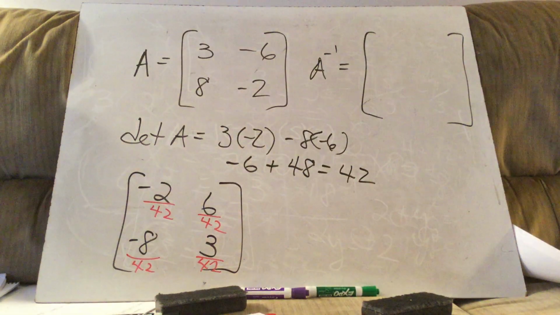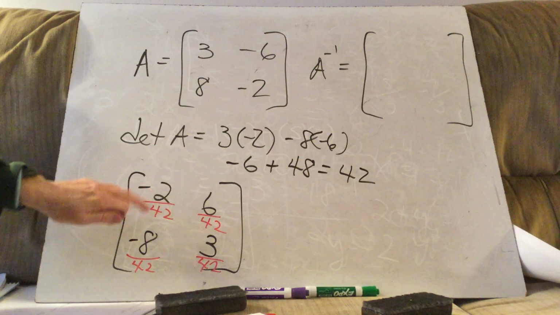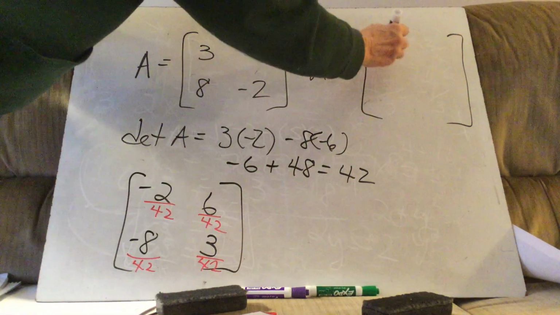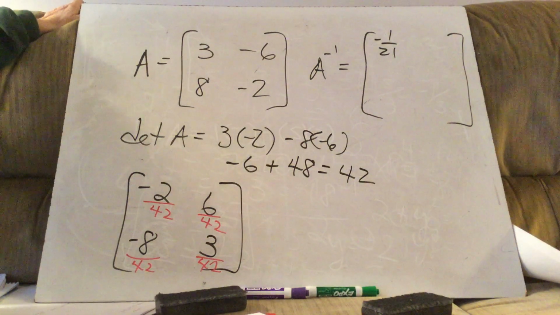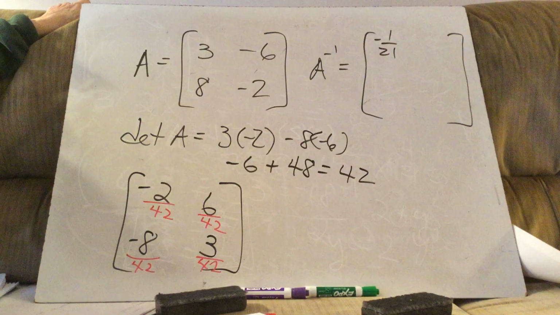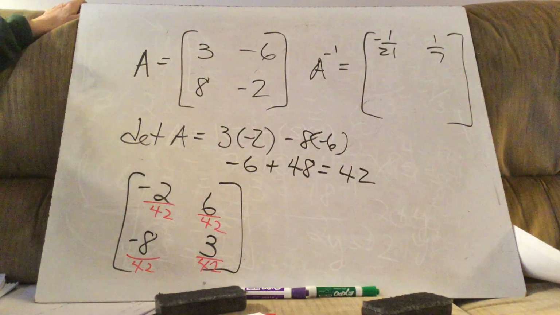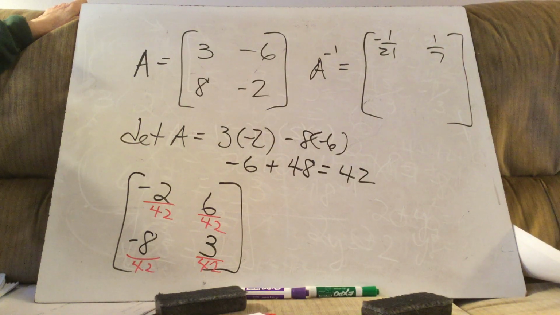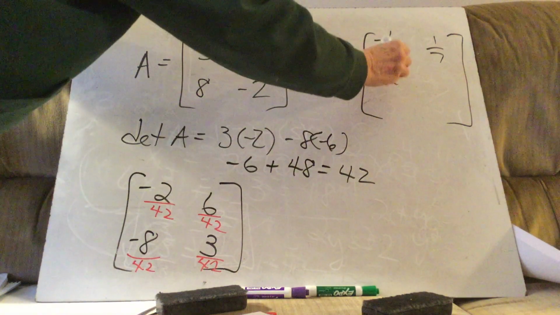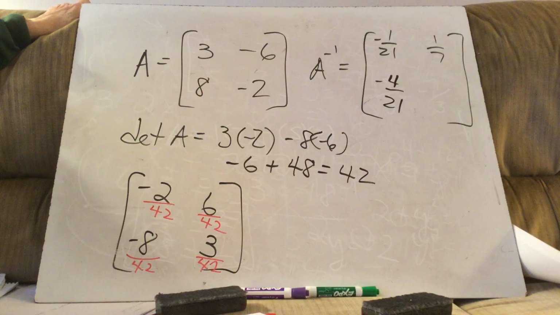Now all of these are going to reduce, so you'll have to just do it carefully. 2 over 42 would be -1 over 21. Now 6 over 42, that's a big reduce there. That becomes 1/7. 8 over 42, 2 goes into both of those, so -4 over 21.